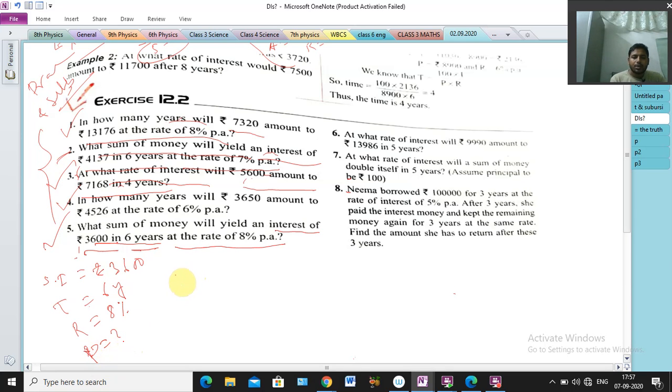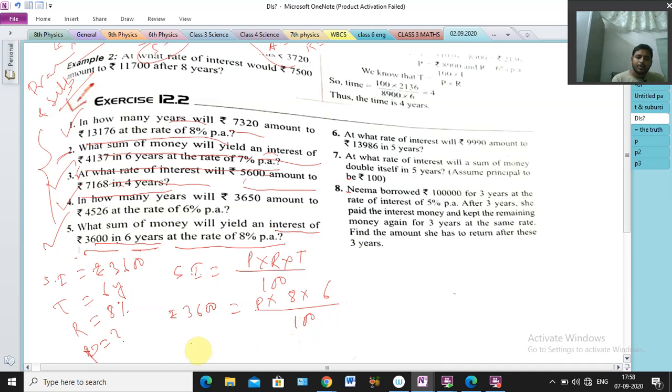So now see, the main formula we know: SI equal to P into R into T by 100. Clear? Put the values. SI is rupees 3600, into P, don't know, we find out, R is 8% times 6 years divided by 100.